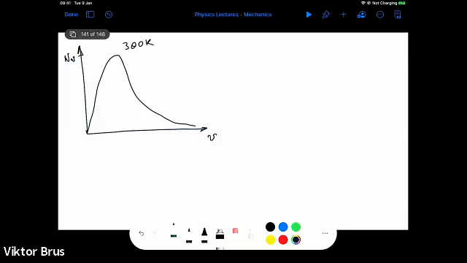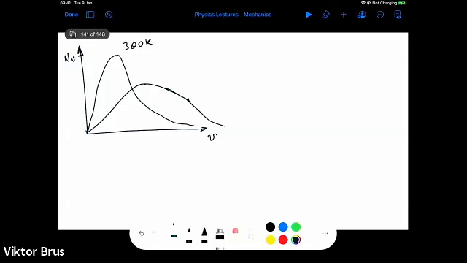Then if we increase temperature, something like this, this distribution will become broader and the maximum will decrease.